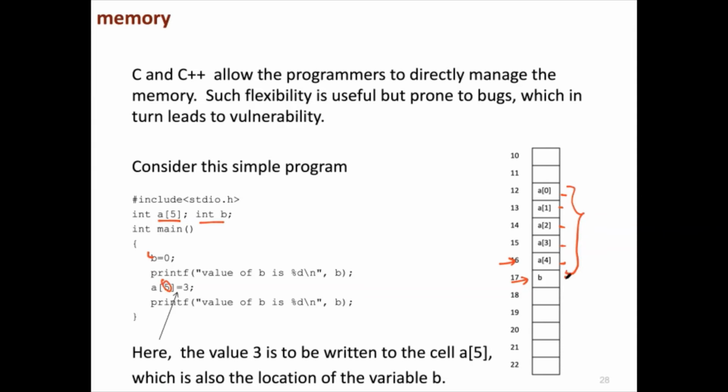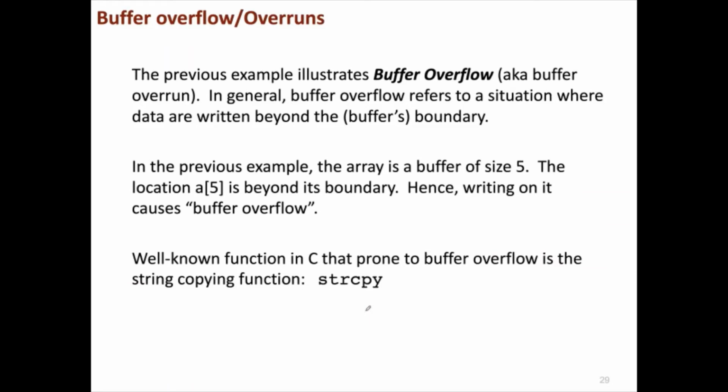So it changed from 0 to 3. This illustrates what we call buffer overflow, sometimes known as buffer overrun. In general, buffer overflow refers to a situation where data is written beyond the boundary.